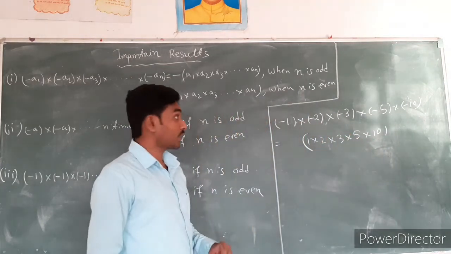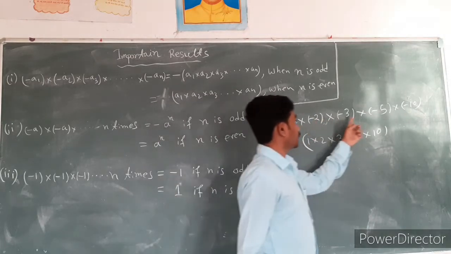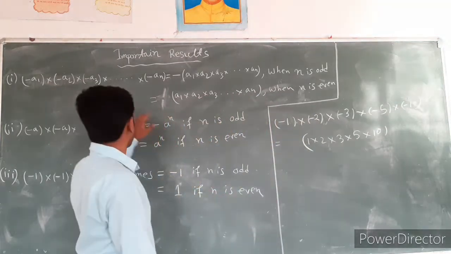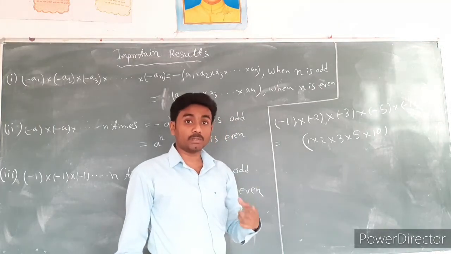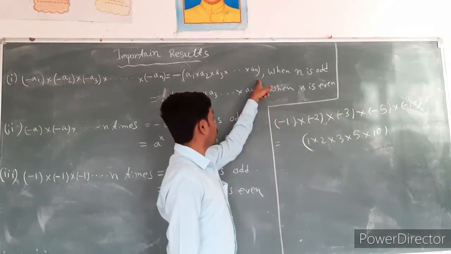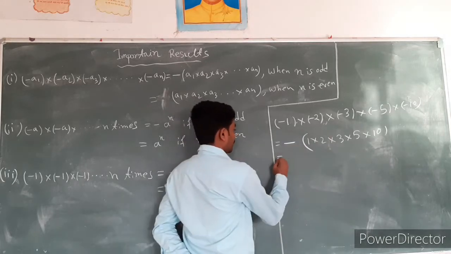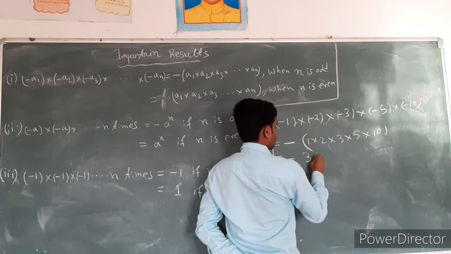And next we count how many negative integers there are. 1, 2, 3, 4, 5. So there are 5 negative integers. That is the value of n. The value of n is 5, and 5 is an odd number. So we take a negative sign, and the result will be minus 300.